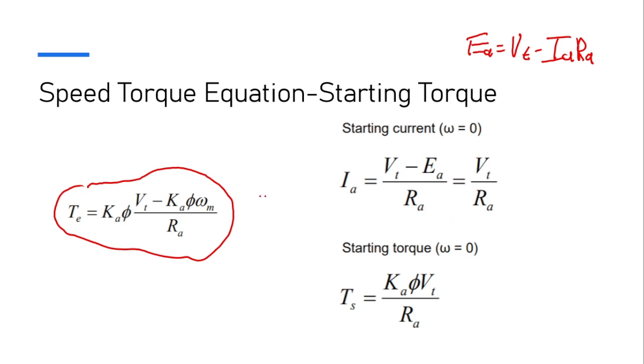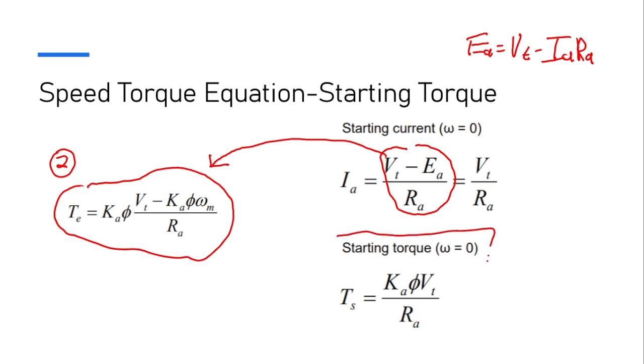But this is a separate piece, that's where I got this from. You just take this and plug it into the same equation from before. So this is the second TE equation, and with omega equal to 0, the VT and R terms drop off, and you end up with this. This is your starting torque equation.